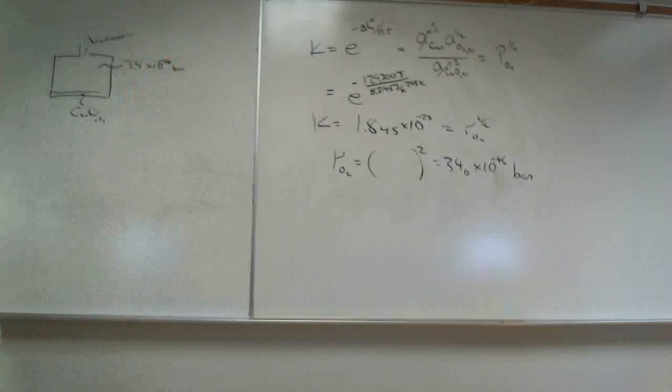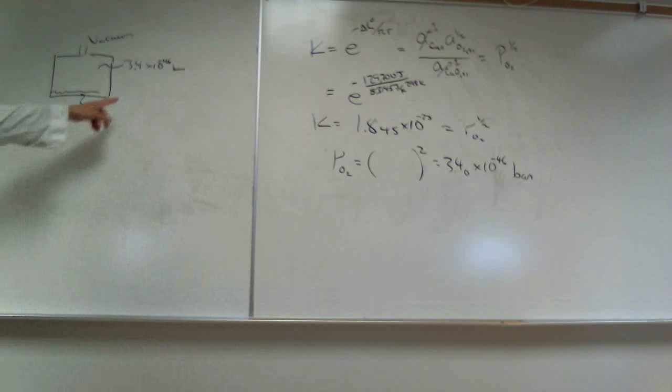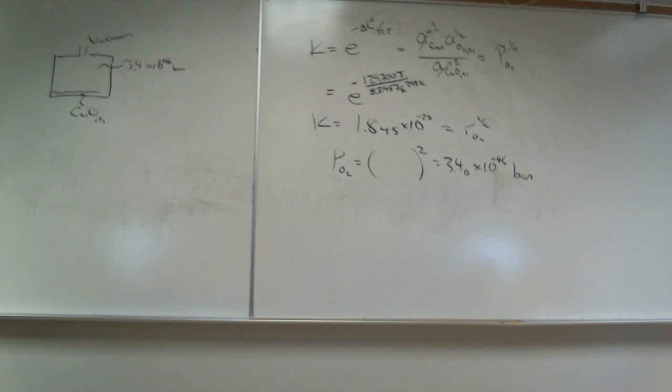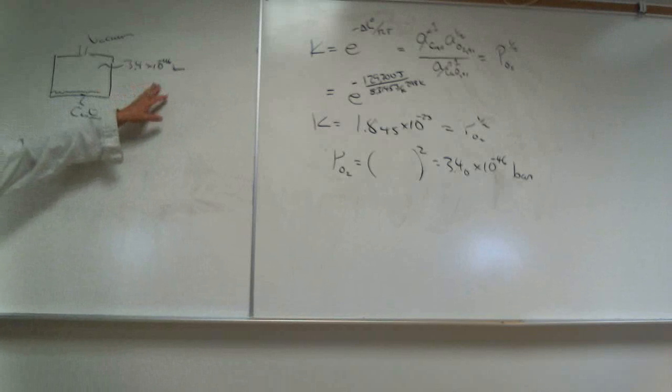Is that an easy pressure to achieve with the vacuum pump? Well, how would you say 10 to the minus 46? What would that be? It's not a microbar. Millibar is no problem. We can pump down to a millibar easily. Microbar is getting more difficult. But this is way beyond that.